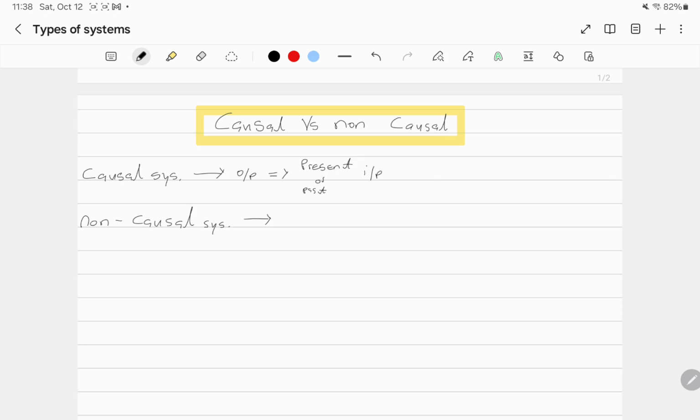And for a non-causal system, the output only depends on the future values of the input.